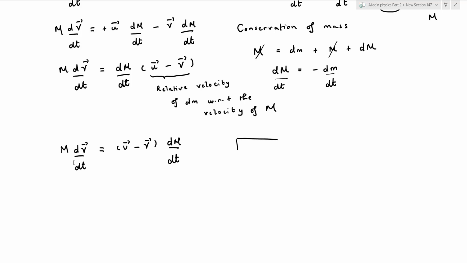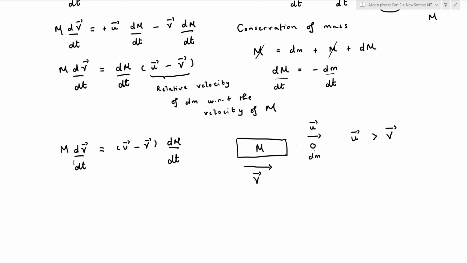So if we have a mass here like this, capital M, let's say it emits, so this capital mass M is going at a velocity of, let's say, v vector like this to the right, and it emits a particle to the right like this with a velocity u. So if u is greater than v, then of course the capital mass M must have accelerated this dm, this small mass emitted.